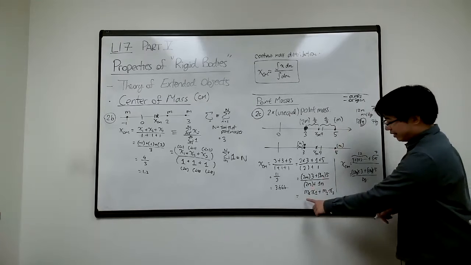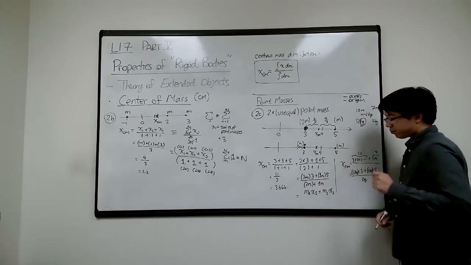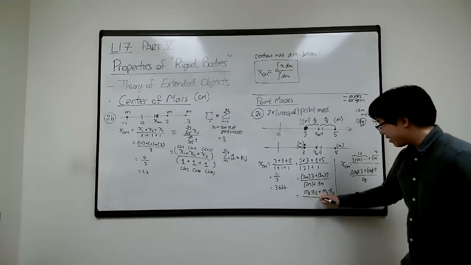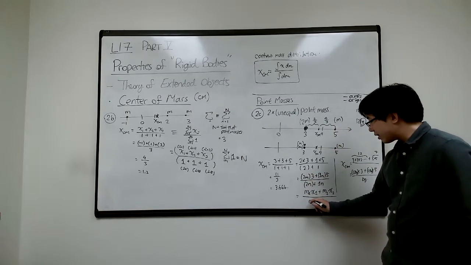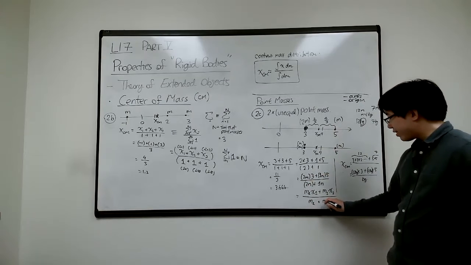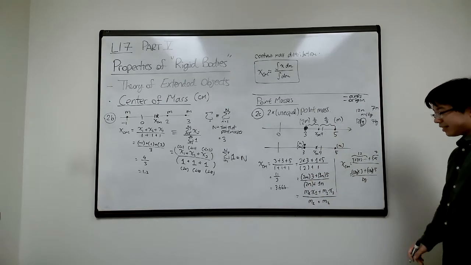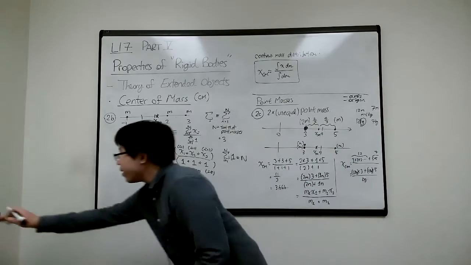Do you agree this equals this? Okay, and what's on the bottom? Well, 2 comes from the mass of the first object plus 1 is the mass of the second object, like that.